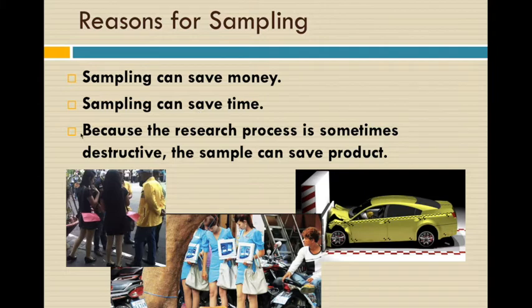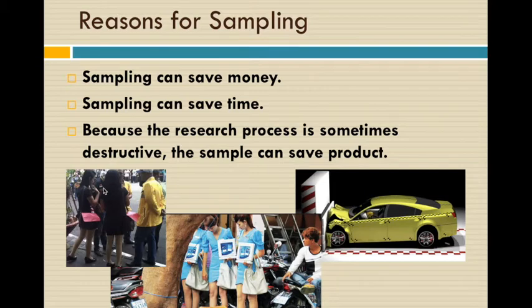And when we talk about research, the research process is sometimes destructive. For example, if you take a look at this car here, it can be expensive if we conduct a test on each of the cars produced. So that's why we use sampling, right?